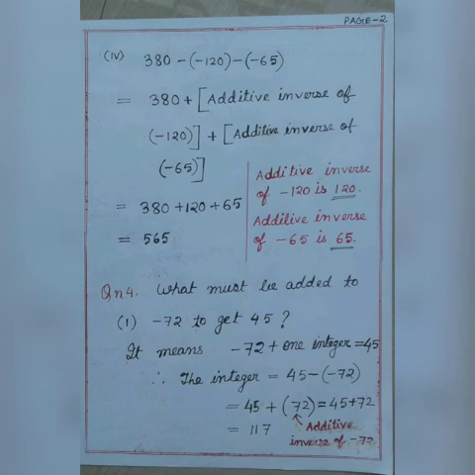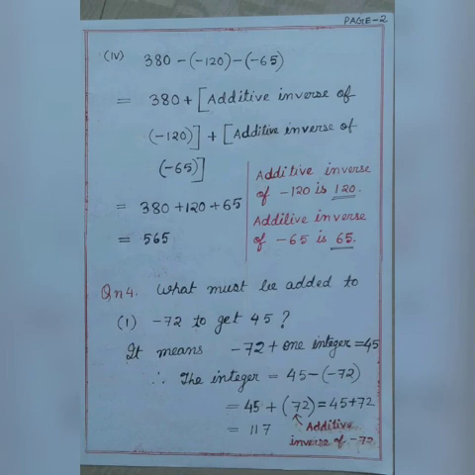Question number 4. What must be added to number 1, minus 72, to get 45? It means what should be added to minus 72 to get 45? So the integer to be added to minus 72 to get 45 is 45 minus minus 72.